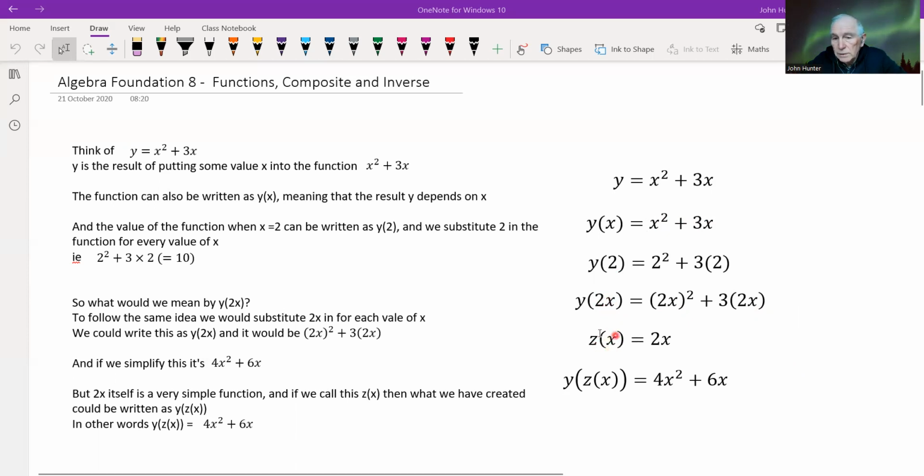We could call that z of x equals 2x, z equals 2x, in which case we could write this. So this left-hand side here, we recognize as a composite function. That's really what we are talking about.